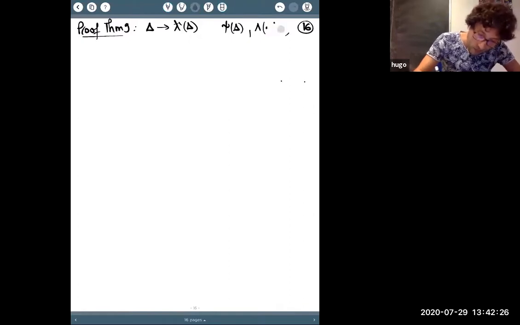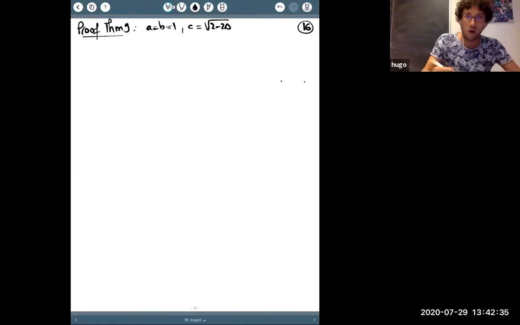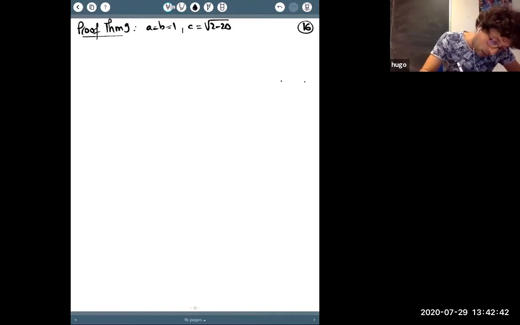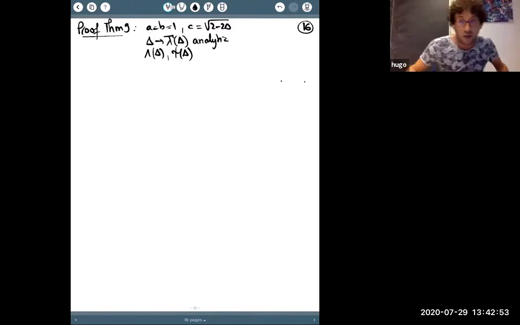Well, okay. Let me first fix A equal B equal 1 and C equals square root of 2 minus 2 delta, which is one example of choices of ABC that gives you delta as a spectral parameter. And let's assume you have this thing, which is analytic. And lambda of delta and psi of delta are the eigenvector and the potential eigenvalue given by the Bethe ansatz. Okay?